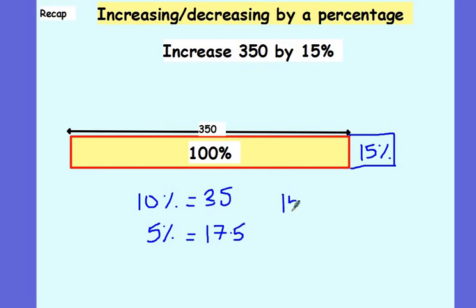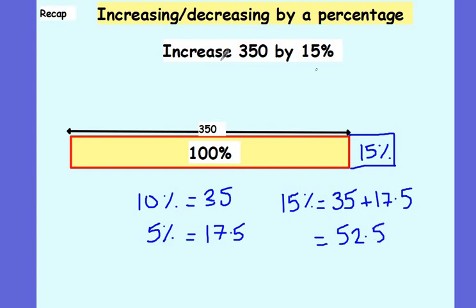This then tells me that 15% is 35 plus 17.5. Which gives me what, Misha? Lovely, 52.5.